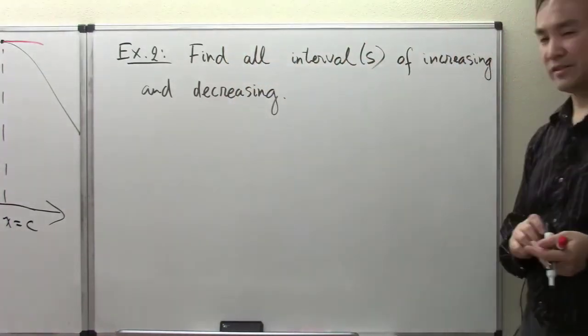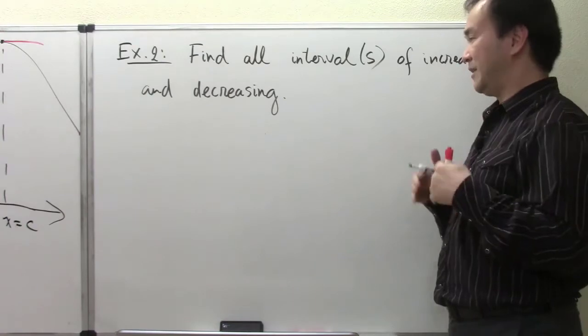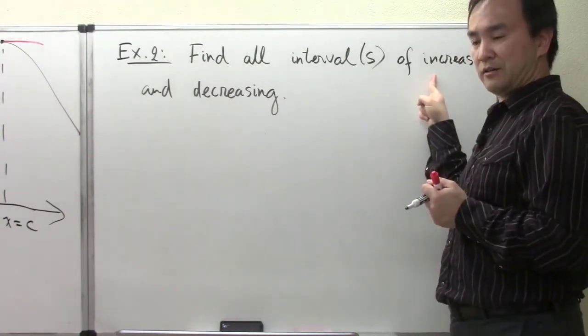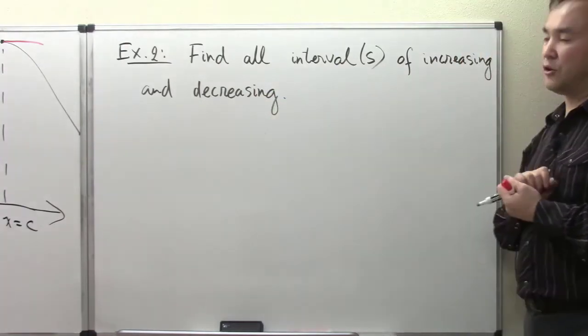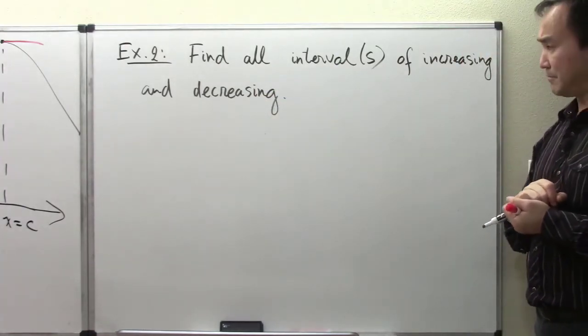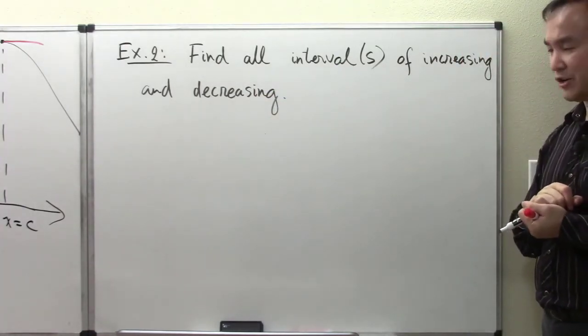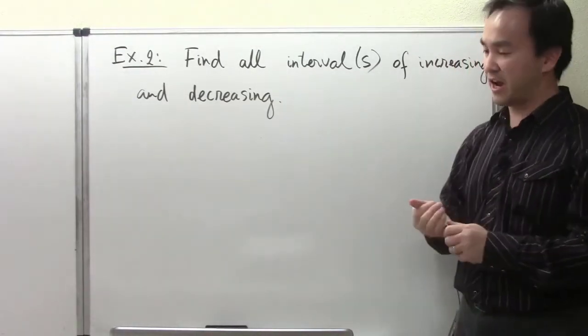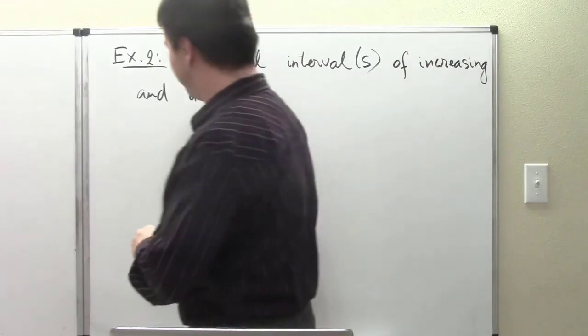I want to find all intervals of increasing and decreasing. It could be more than one interval for increasing, and there could also be more than one interval for decreasing. That's the work we're about to get into. So we're now at part A of example 2.